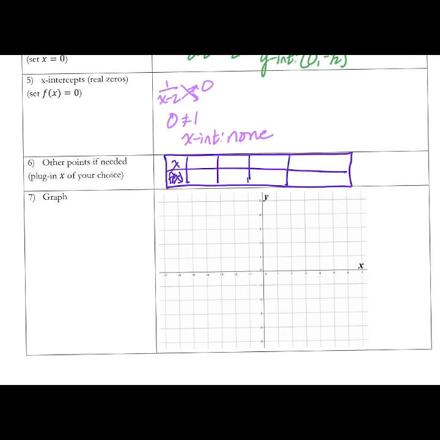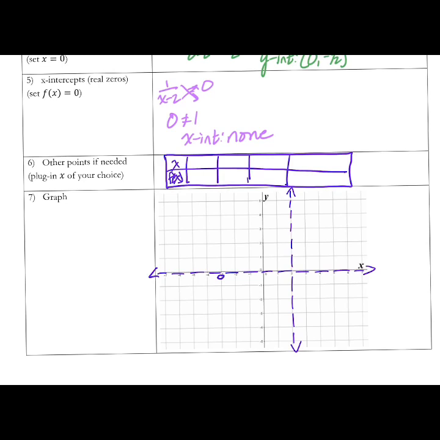So I have a vertical asymptote here. And I know I have a horizontal asymptote here. And I know I have a hole at -3, -1/5.